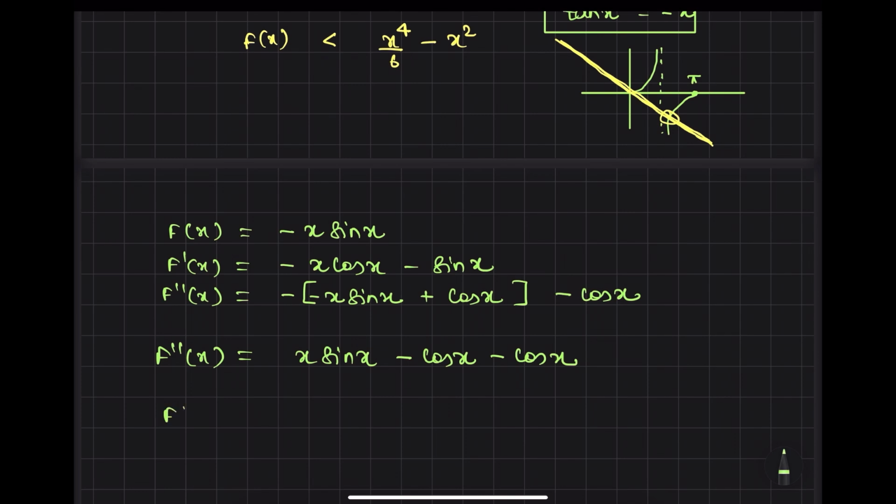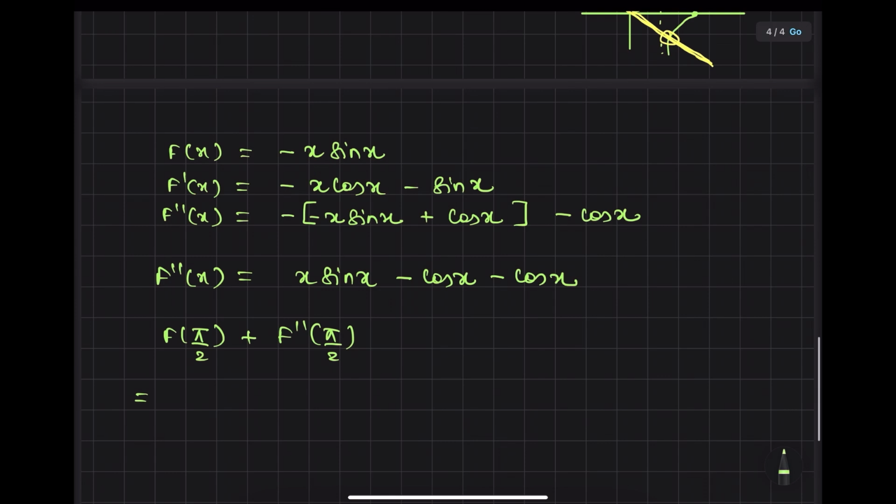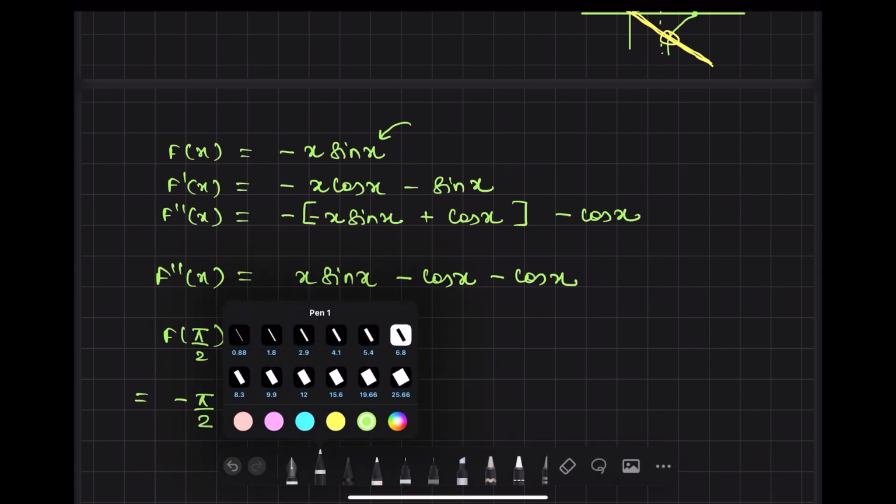We have to find out f of pi by 2 plus f double dash pi by 2. Okay, so look at this. What is the value of f of pi by 2? sin pi by 2 will become 1, so it is minus of pi by 2. Correct? So the first part is clear. Now go with the second part.